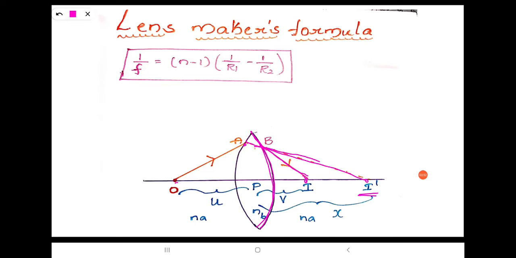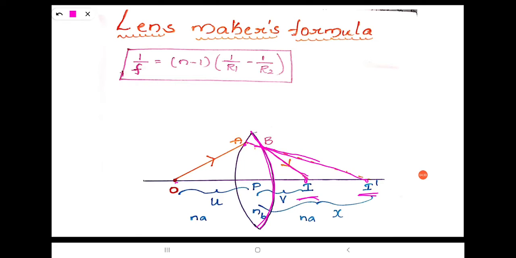That is the image formed by the second refracting surface, that is I. This I is from the refracted ray of the second lens surface. Here I dash is from the first refracted ray, emerging from point A. Here I is emerging from point B.